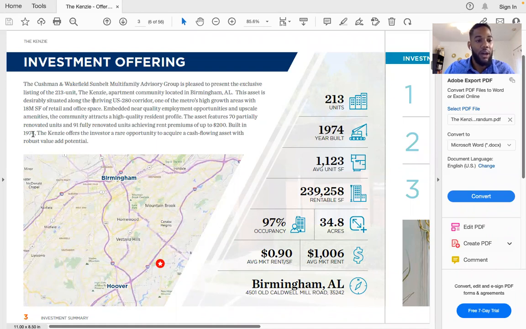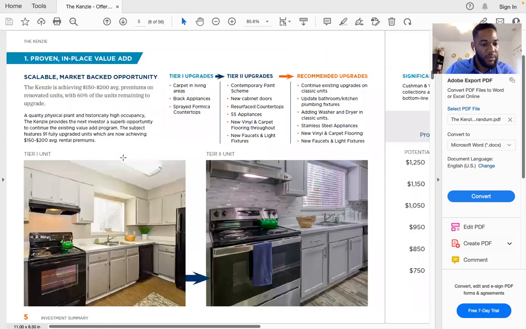I think Charles would probably classify the property itself as a C class. Guys, would y'all agree with that? 1974 vintage, just off of the age. Okay, so I guess we could say this is a C class asset in an A-class area, with value add potential.